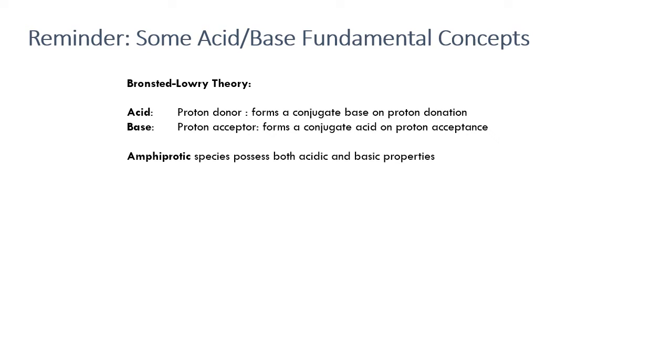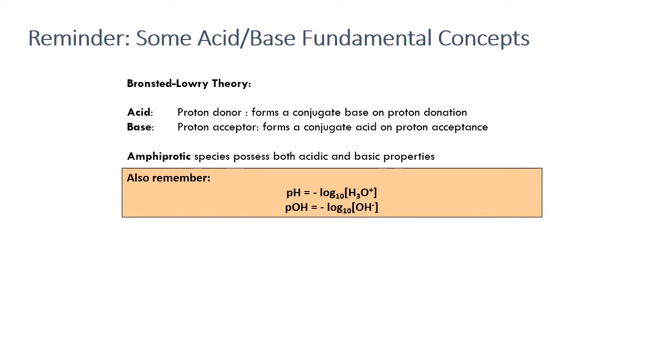Amphiprotic species possess both acidic and basic properties. And of course, we have to remember pH equals minus log of your hydronium ion concentration, and pOH equals minus log of your hydroxide ion concentration.